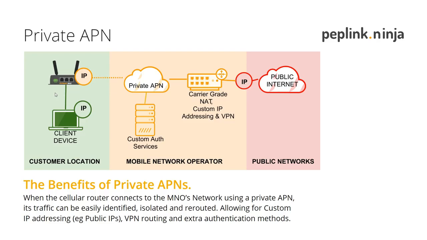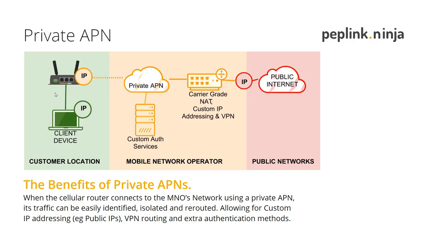Picture, in a normal home or enterprise world, a wireless access point that you put multiple SSIDs on, all with their own name and password to connect to. It's a very similar idea in that by having a private APN, you've effectively got a private SSID that your router is connecting to, and because your devices are connecting to that private SSID or private APN, you can subsequently identify that traffic and do useful things with it, right?